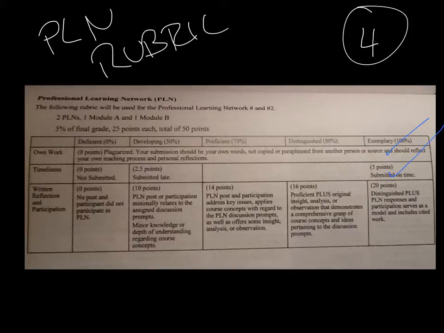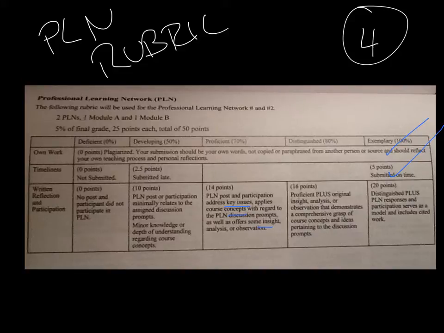To receive proficient, you identify key issues that your group talked about and how it relates to the course and the concepts, and you give some explanation or insight about the course material and your classroom.